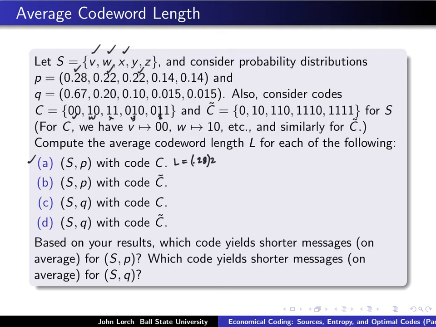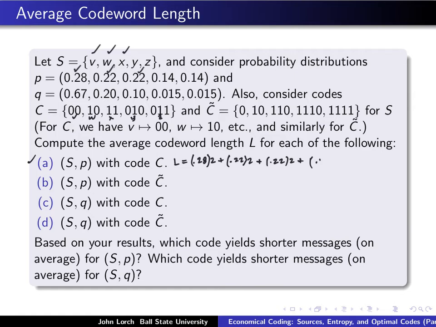So that's the first term in our sum. The next letter occurs with probability 0.22, and its code word also has length 2. Next letter, again, probability 0.22, and its code word has length 2. And then the remaining code words are of length 3.